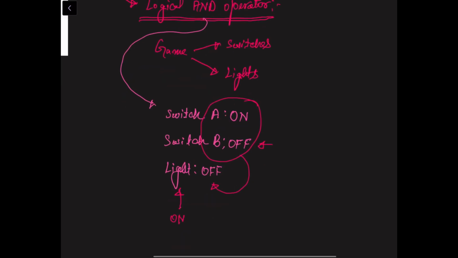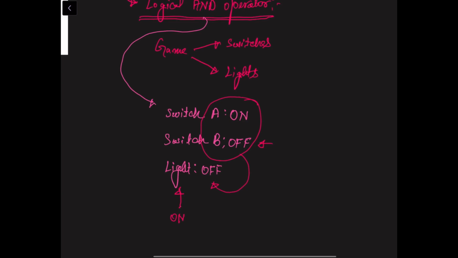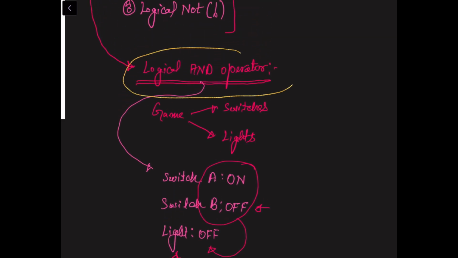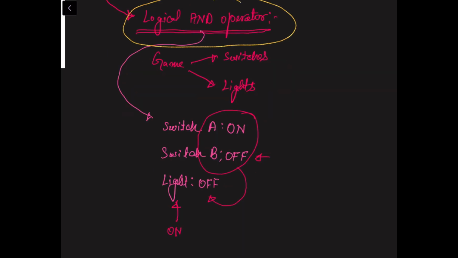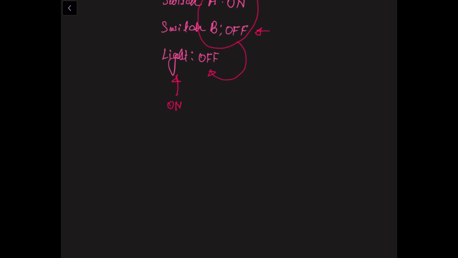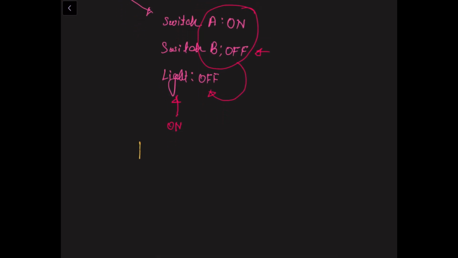Let me tell you what the logical AND operator is exactly. For logical AND, both conditions must be true for the result to be true. Let me show you the truth table so that whenever you get this type of question, you just see the table and easily get the result.